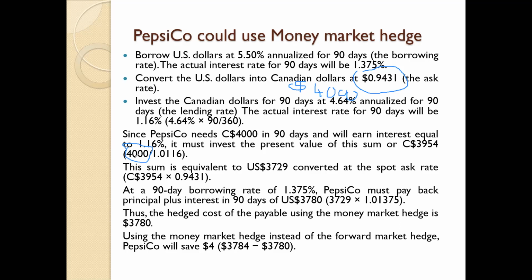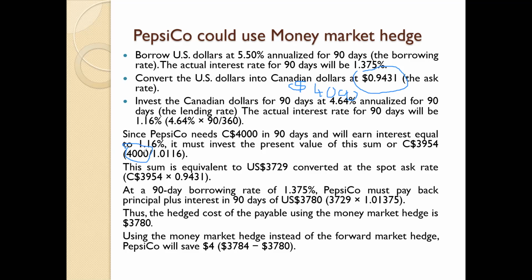What is the amount that he needs to invest in the Canadian investment at the rate of 1.16% interest? That is equal to Canadian dollar 3,954. Right? 4,000 divided by 1.0116. So this is your principal amount.